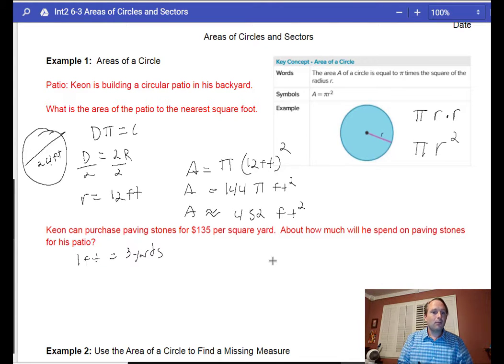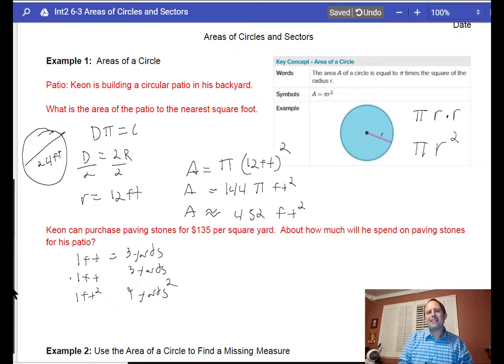But we are asking about square yards. So if we do 1 foot times 1 foot, that would give us 1 square foot. So if we do 3 yards times 3 yards, we would get 9 square yards. So for every 1 square foot, it's 9 square yards.